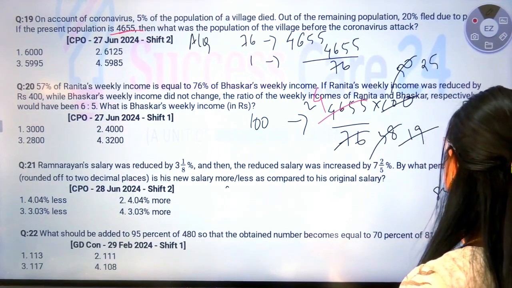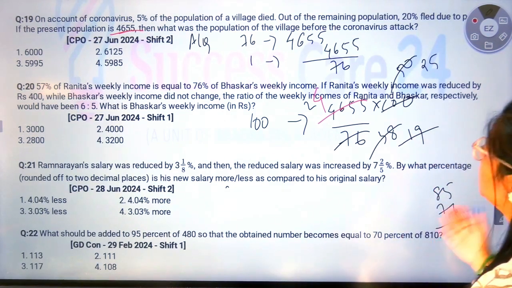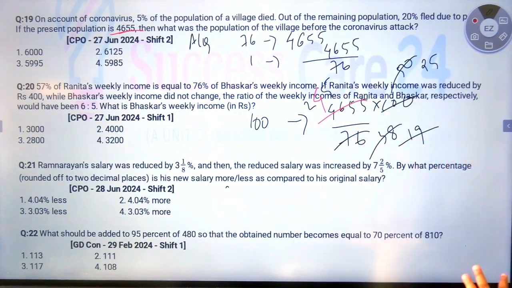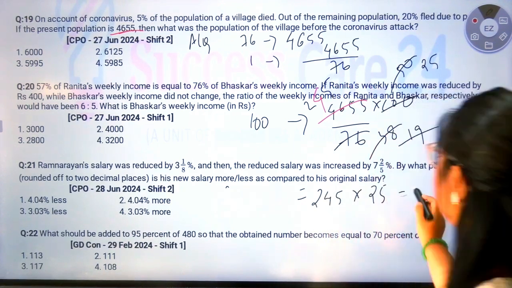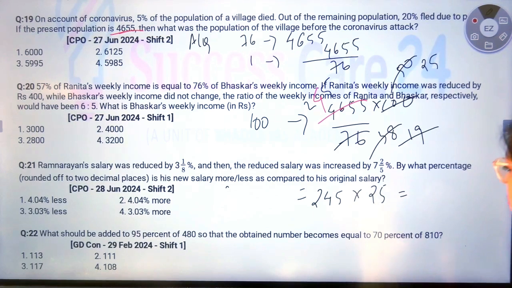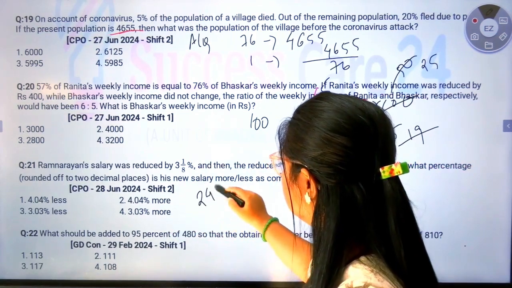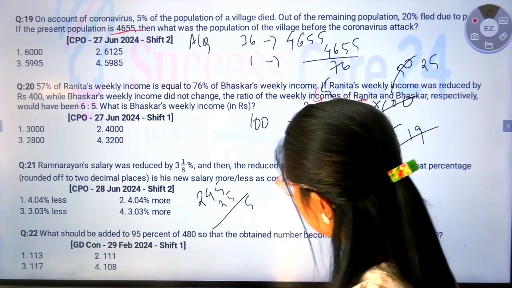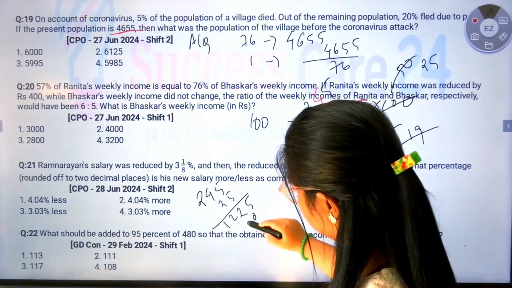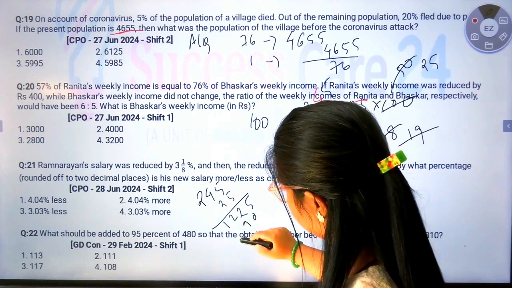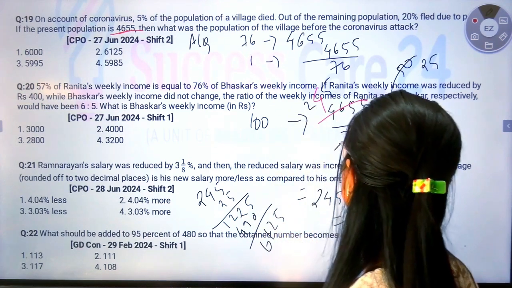So 85 and 76 would give you 9. So 95 is 245. If you cut the values and do the required calculation, 245 into 25. So do the calculation, 245 into 25. It is 6125.